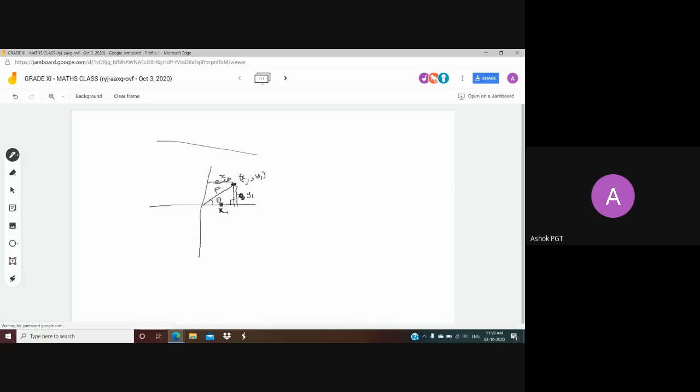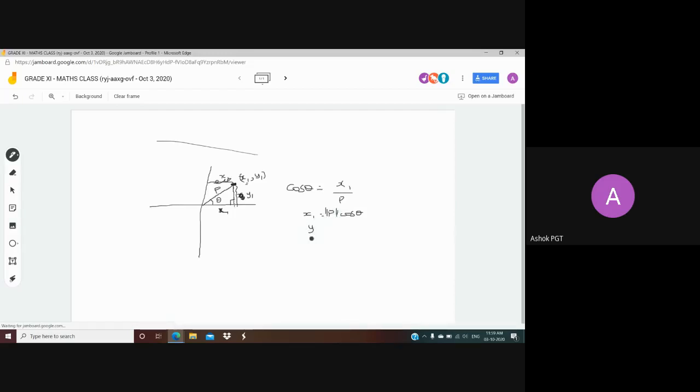So students, to calculate this x1, let us calculate cos theta. We know that cos theta is equal to adjacent divided by hypotenuse. Hypotenuse is p here. So x1 can be rewritten as p cos theta, where p is the distance from the origin to the particular point.